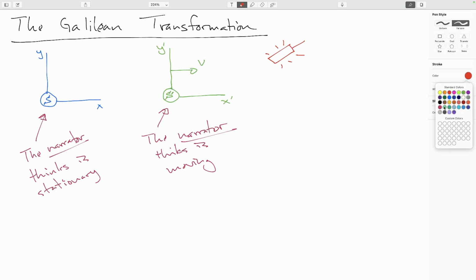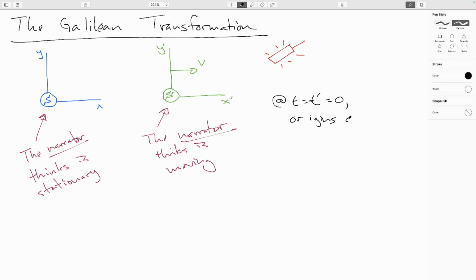Just to make things simple, we will say that at time 0, as measured by both S and S prime, they'll synchronize their clocks at time 0, and their origins will have overlapped at that point. So at time 0, they were both in the same place, and they synchronized their clocks to both read 0 at that time. Now, this firecracker goes off at some later time.